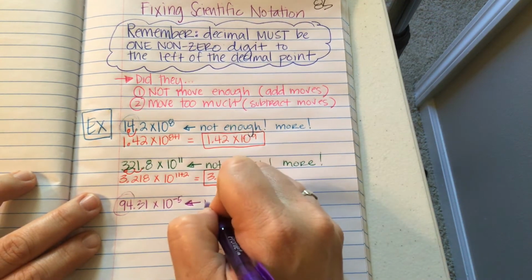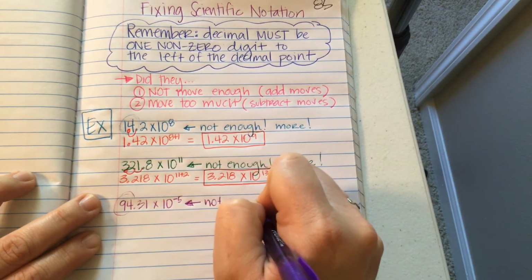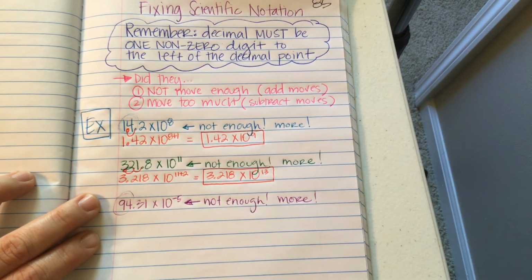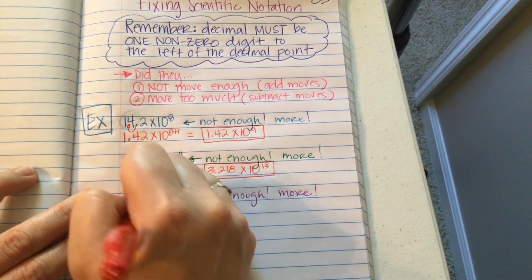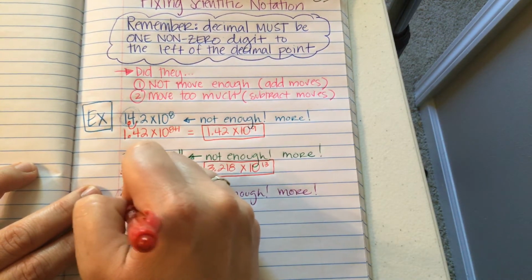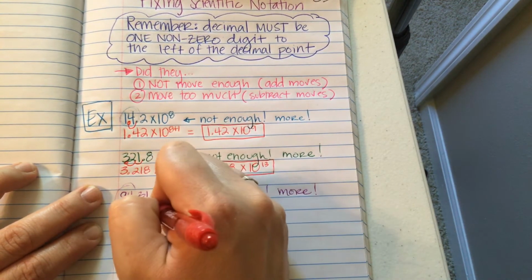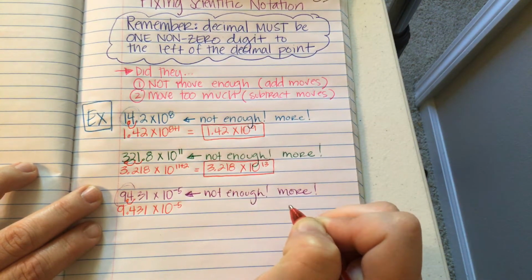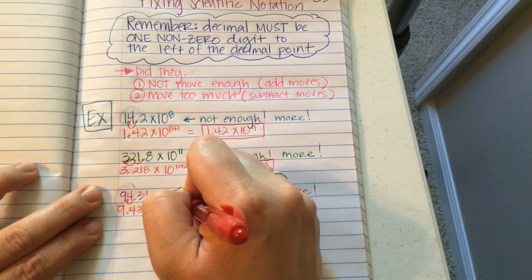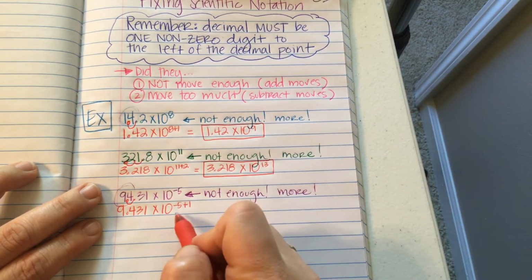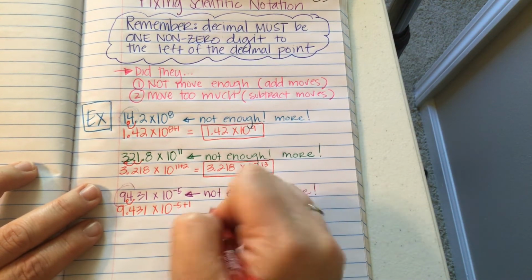So this is not enough. I need to do more, and I'm going to move one more time. 9.431 times 10 to the negative 5th. And I needed to add one more move, so I'm going to add one more move. You still add, even though this is a negative number, you're still adding one more move.